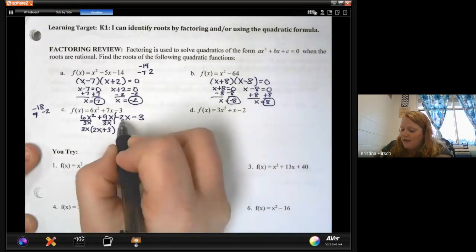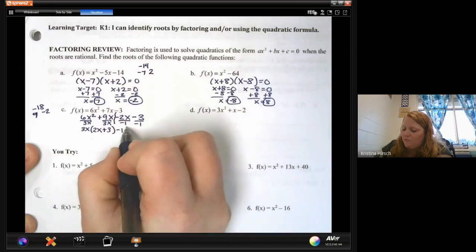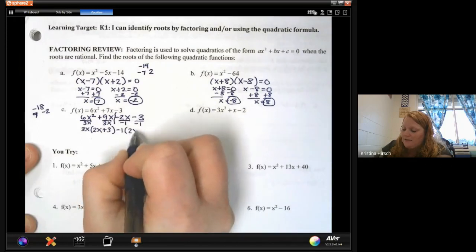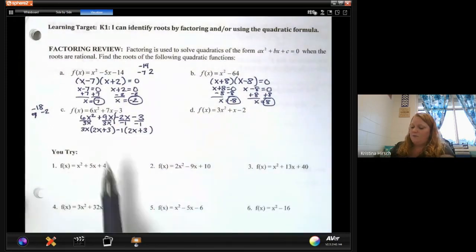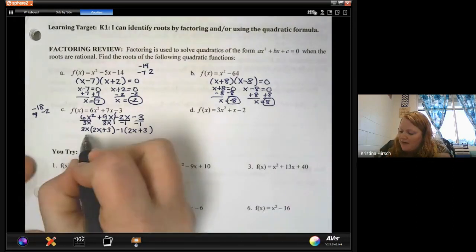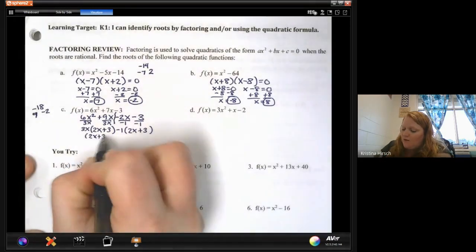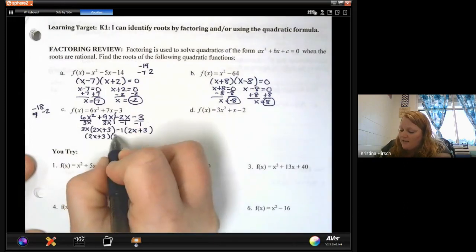And because they're both negative, we're going to factor out a negative 1. So when we factor out the negative 1, we're left with a positive 2x and a positive 3. So remember, when you do this process, the parentheses should match exactly, and they do. So that's a good clue that we've done it properly. So we keep that one time, and then whatever's left over, 3x and a minus 1, that gives us our other factor.